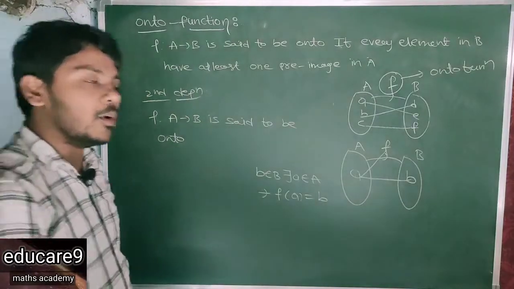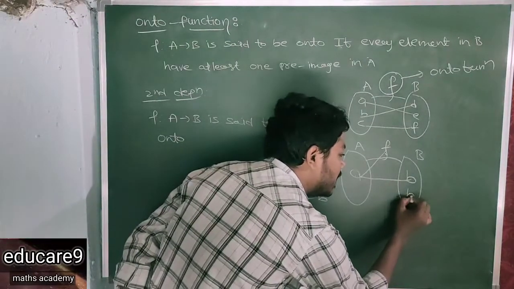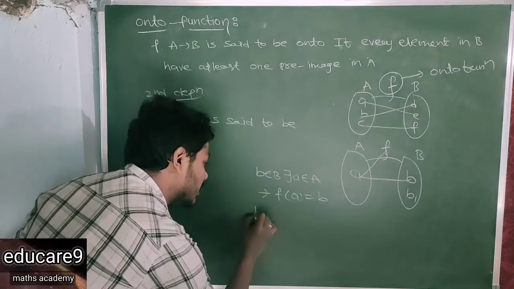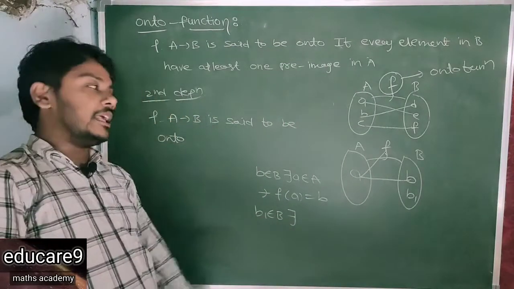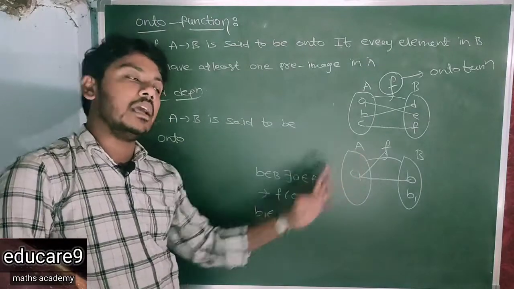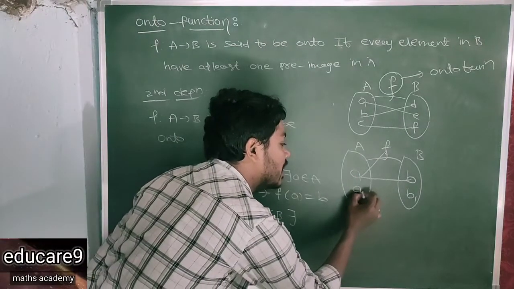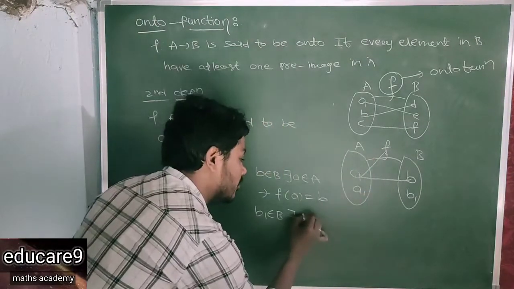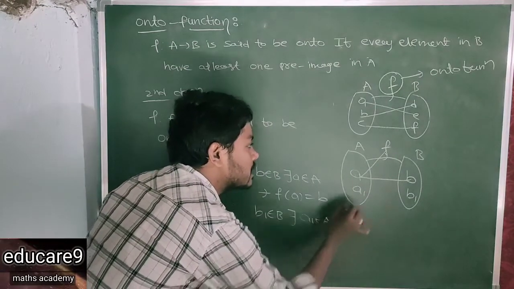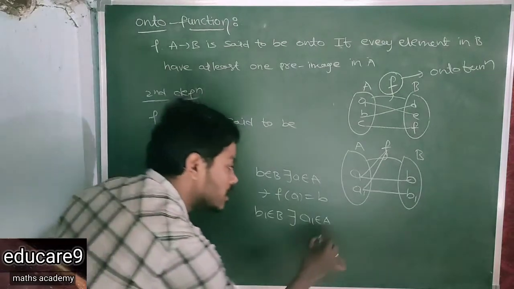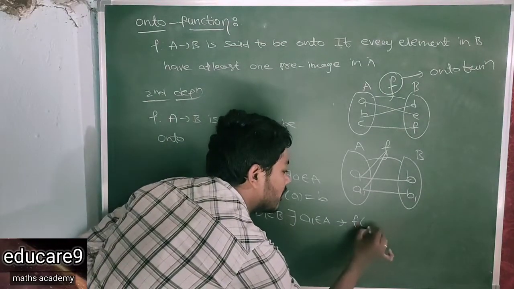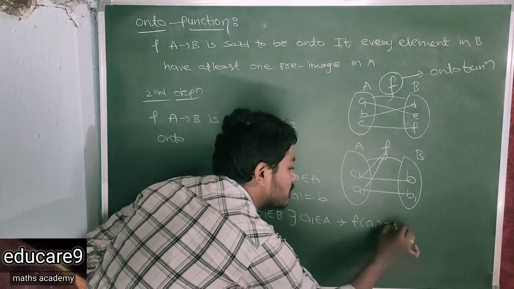For example, if b1 belongs to B, then definitely there exists some element a1 belongs to A, such that f of a1 is equal to b1.